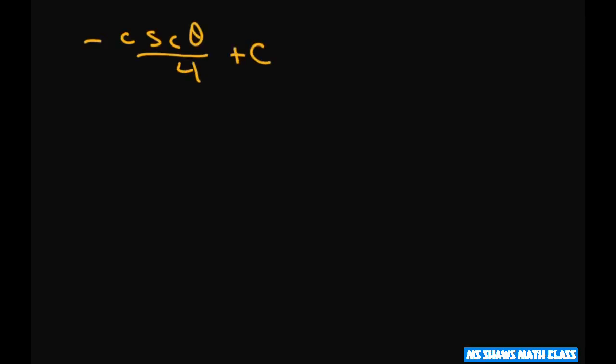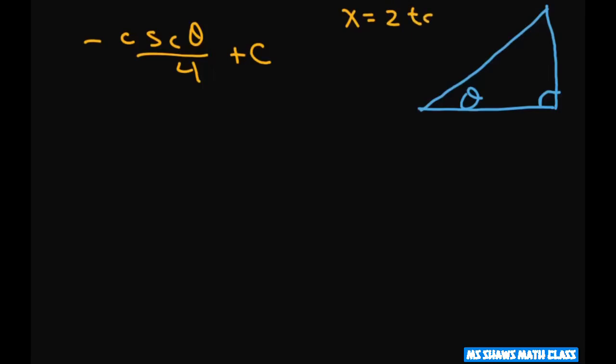Now what we know is we can't leave it in theta because we started with x. So I'm going to put my angle here, and we know that we did our substitution as x equals 2 tan of theta. So tan of theta equals x divided by 2.